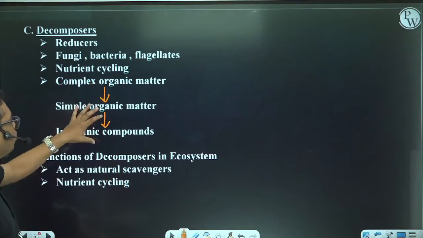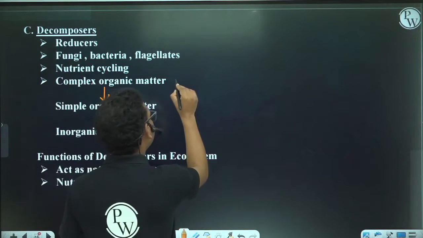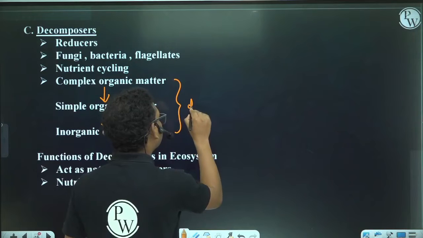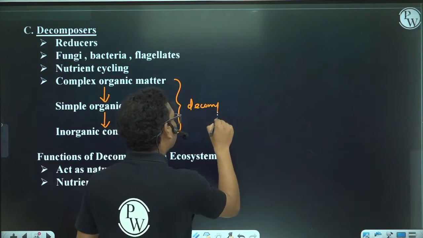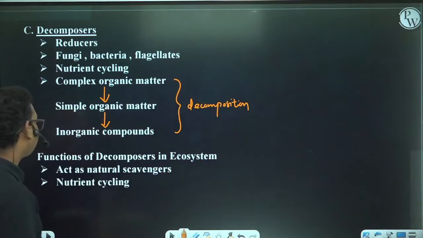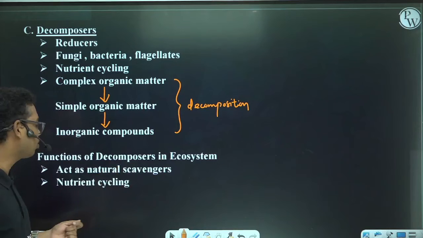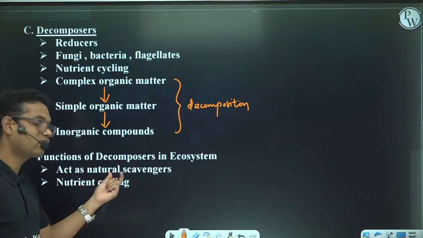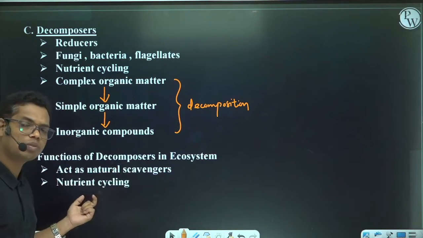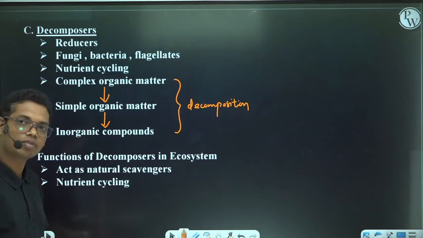So this is the process of decomposition. What are the functions of decomposers in an ecosystem? They act as natural scavengers, and they are responsible for nutrient cycling.